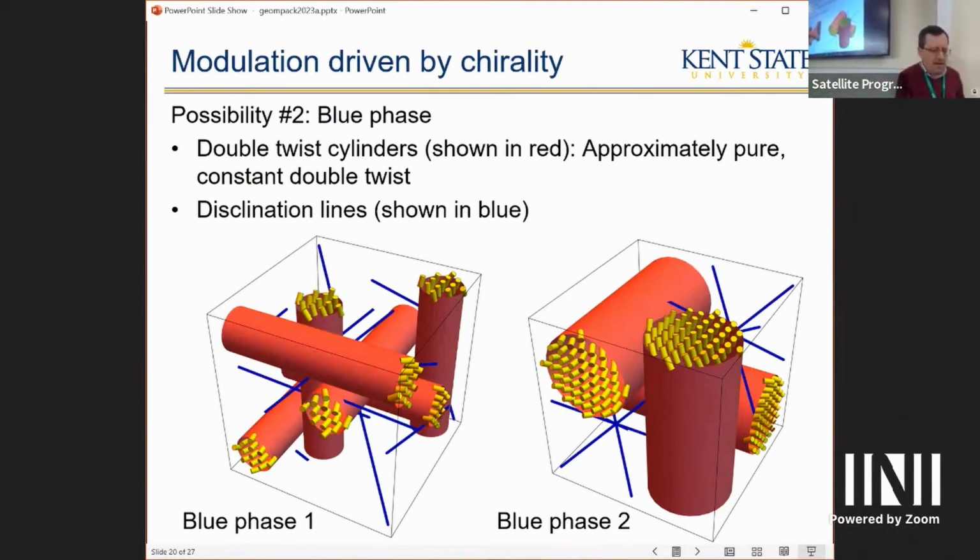And then the material can form a lattice of these things with cubic symmetry, and that fills up space most of the places, not quite everywhere. And it all fits together, except that there are certain defects where the director conflicts with neighboring sites. And those are shown by the blue lines there. These are disclination lines.